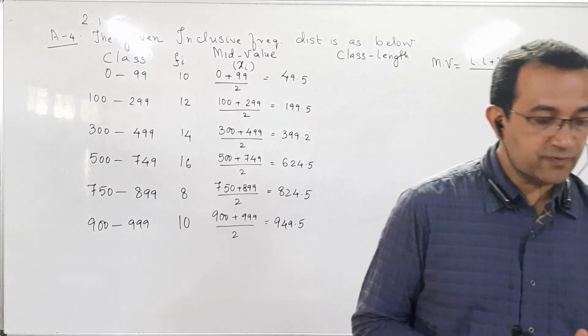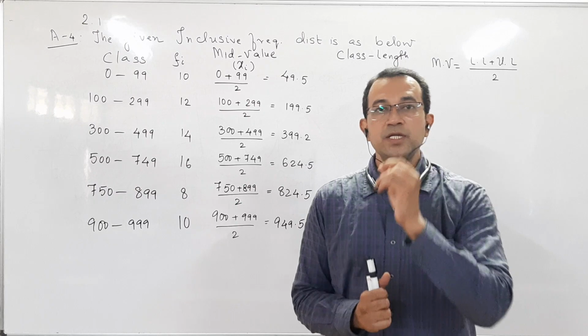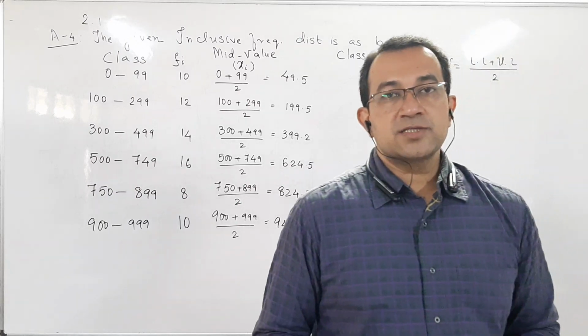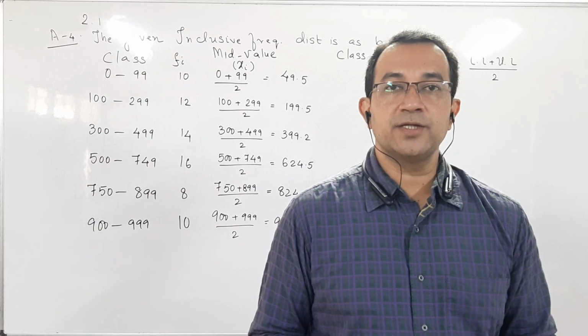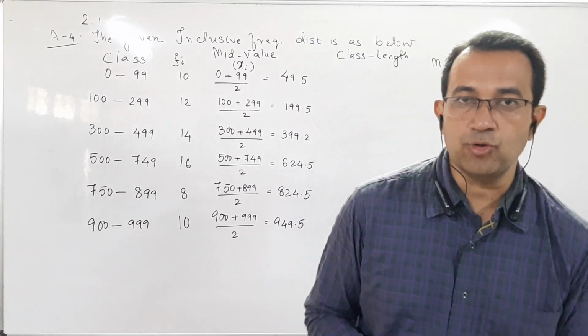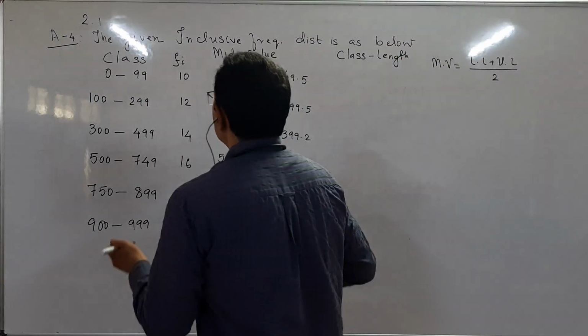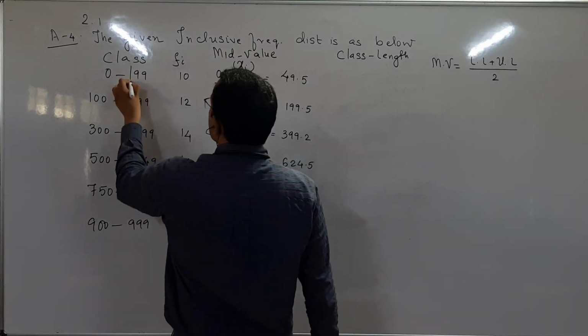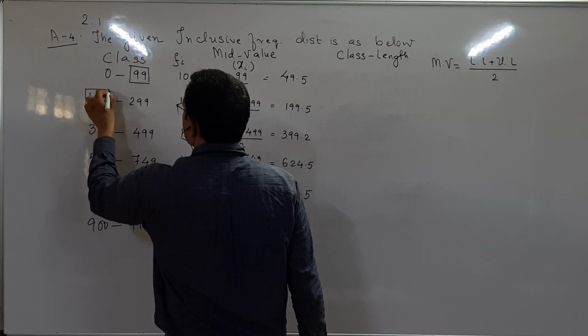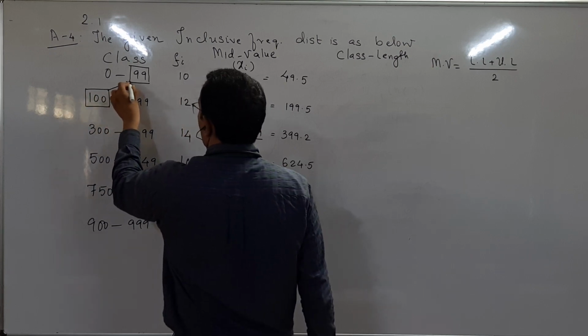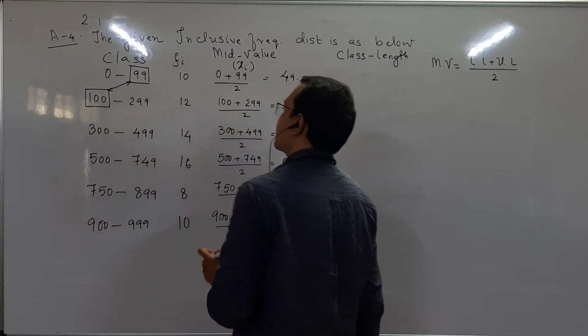So students, first of all, we need to understand what are boundary points. Now pay attention, I am teaching one shortcut for boundary points. Now the upper limit of first class is 99 and the lower limit of second class is 100. Concentrate here, students.